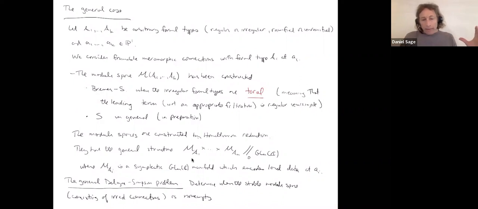The moment map is the sum of the residues, just like in the tame case. And now you just do Hamiltonian reduction by the GL_N(C) action. So now the general Deligne-Simpson problem is to determine when the stable moduli space consisting of irregular connections is not empty.